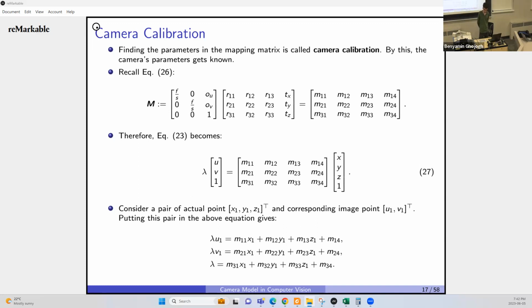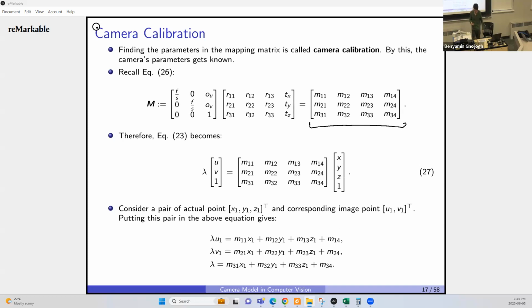You need to know both intrinsic and extrinsic parameters of this camera in order to know how to work with it. For now, you can see the whole mapping matrix all together. But later, we'll see how to find intrinsic and extrinsic parameters separately. But let's first consider all of them together.